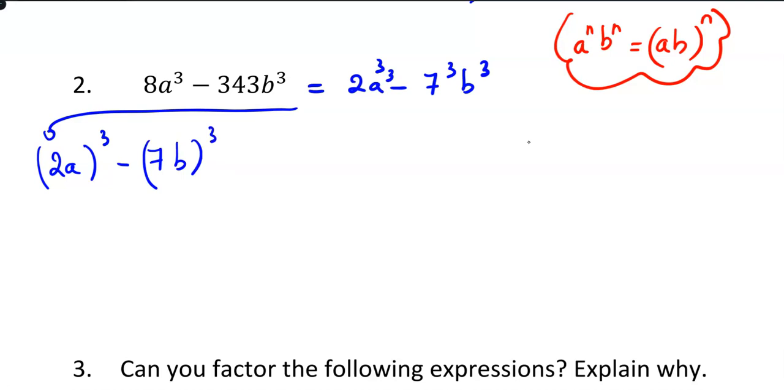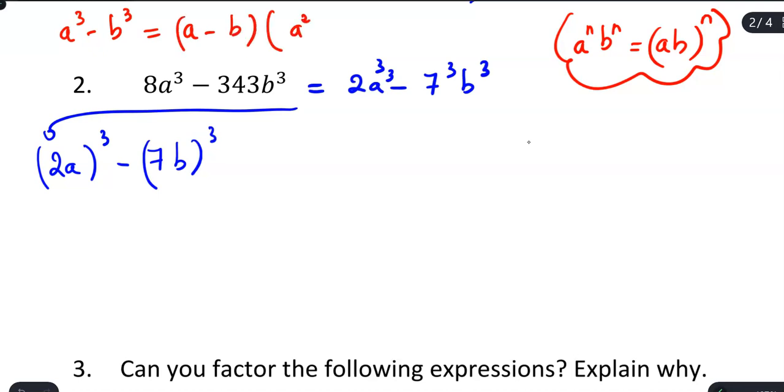So what is the formula for the difference of cubes? a³ − b³ will be equal to (a − b), and I multiply that with (a² + ab + b²).